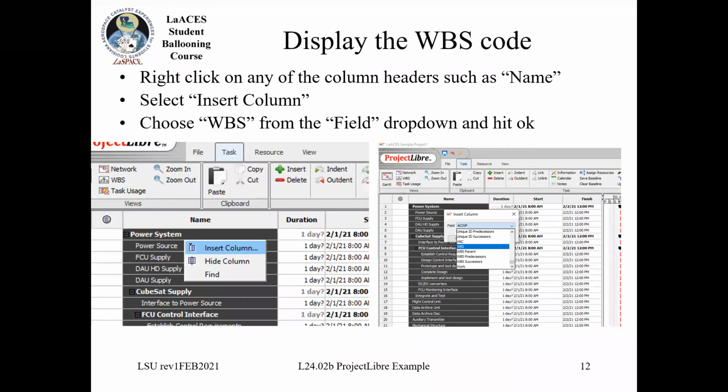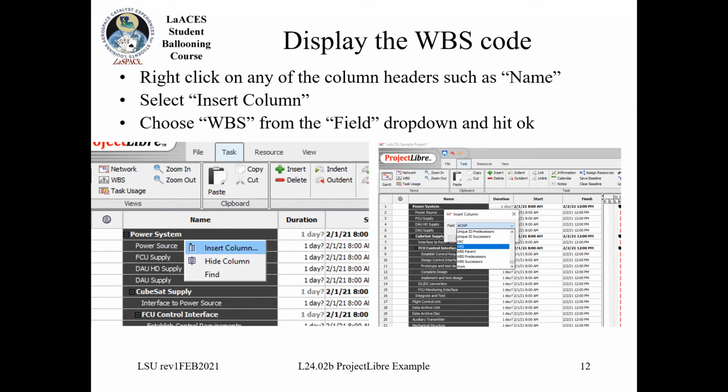So once I've completed all of that, I want to then basically be able to have the WBS code. So that's like the 1.1, 1.1.1 code that you would use from your WBS. I want to be able to show that on my task list here. So the way you do that is you can add a column.